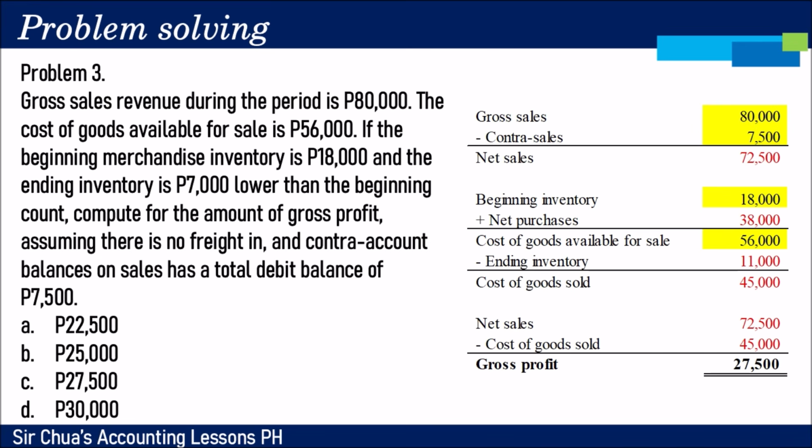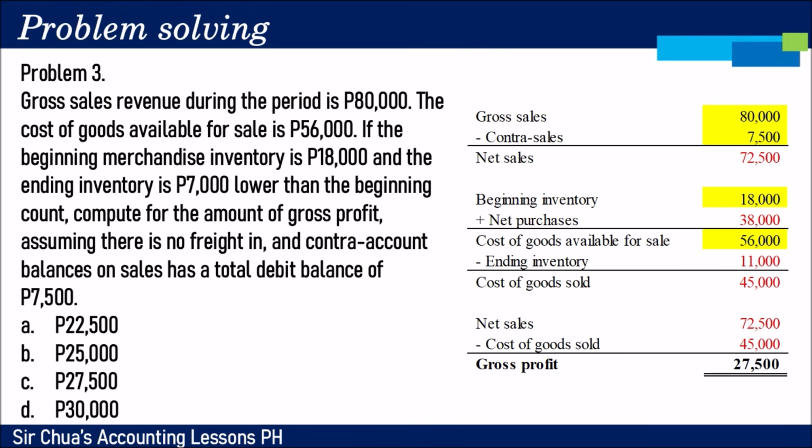Yung sinabi ko sa inyo kanina, ang beginning inventory 18,000 tapos lower than 7,000 daw. Okay? Yung ending. So, 18 minus 7, 11. Since nakuha mo na yung 11, cost of goods available for sale na 56,000 minus ending inventory na 11,000. Cost of goods sold 45,000. Yun na yun. Net sales minus cost of goods sold, gross profit 27,500.